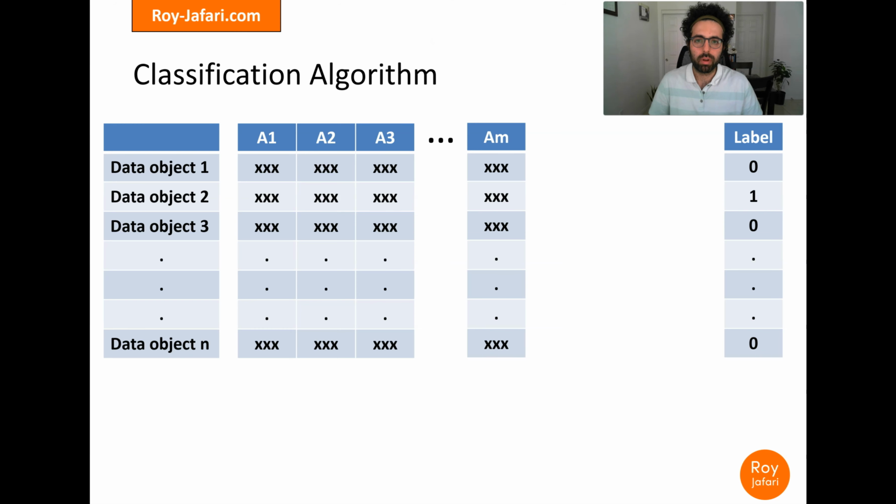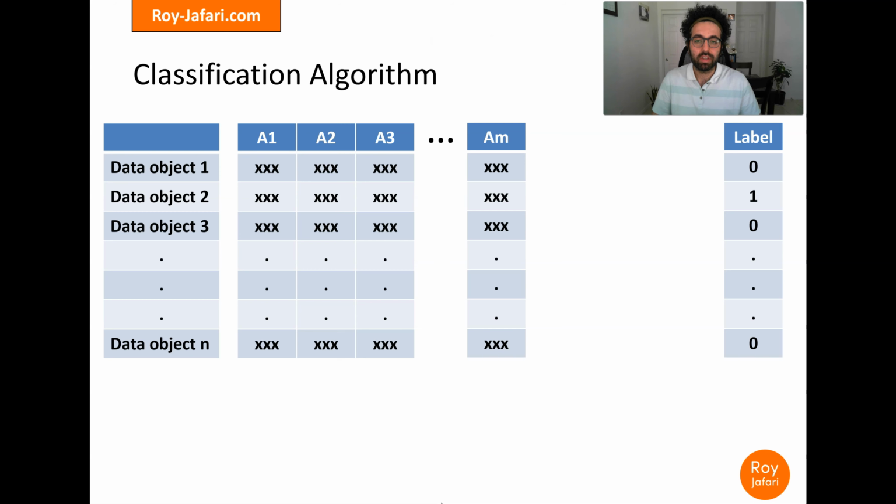When we want to apply a classification algorithm, one of the things that we need to have is a data set that has a specific criteria. This data set needs to have a set of independent variables or predictors, and also a label, or dependent variable, or target variable.